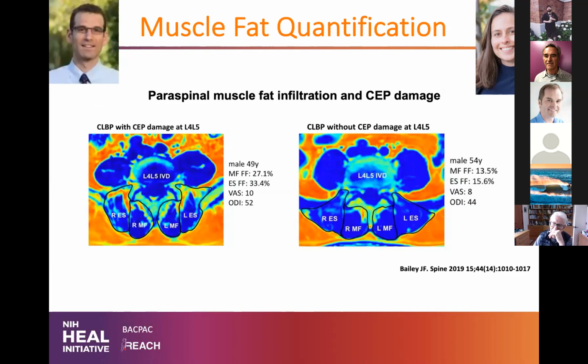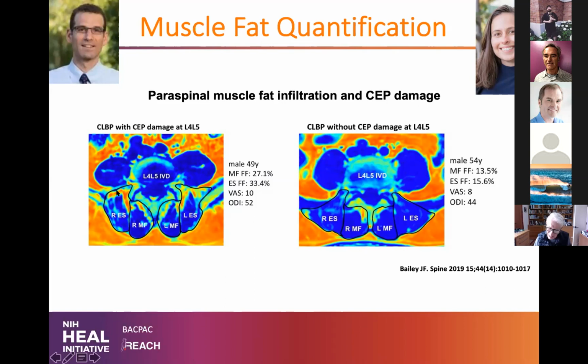Then Aaron Fields and we were also very interested in looking at end plate damage and how that relates to muscle quality. On the left side, you can see a subject with chronic low back pain and also with end plate damage.